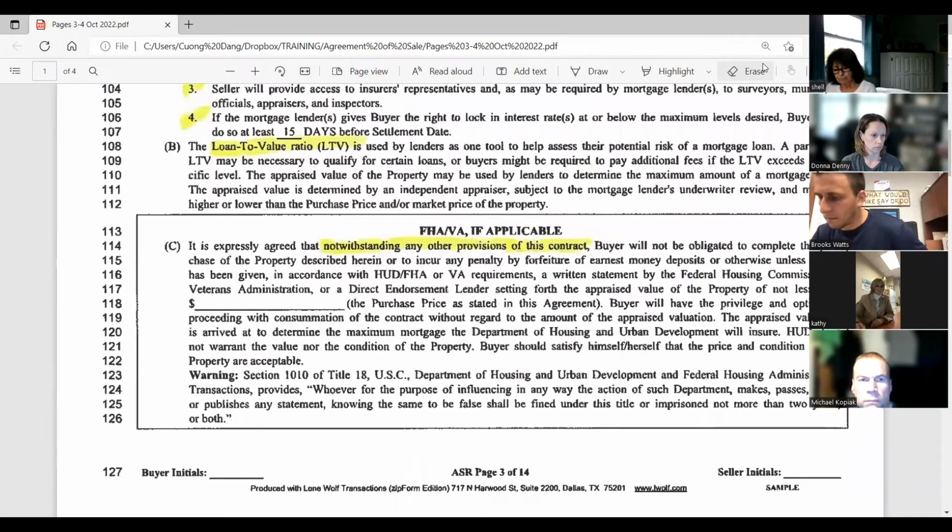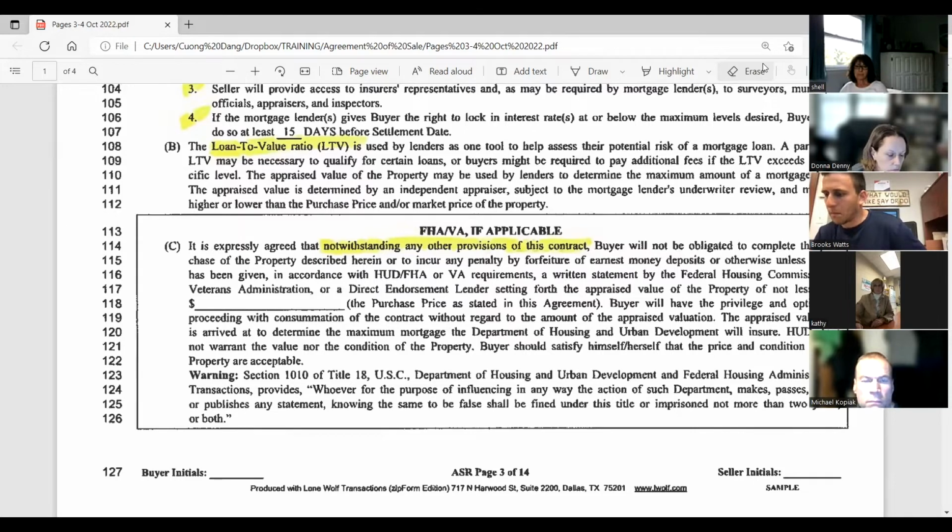The next box is box C, and if you notice, it's boxed in by itself. It's a continuation of the outline, it's got its letter there, C, and it says FHA, VA if applicable. So if it's in a box by itself, it's probably pretty important.